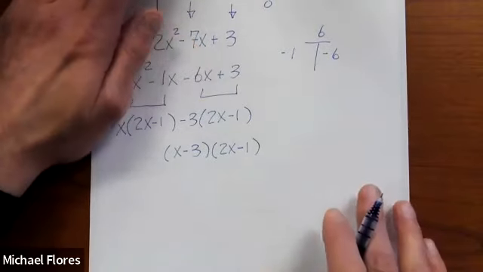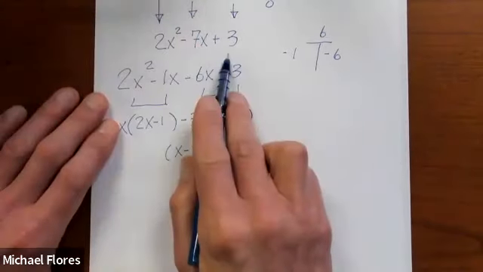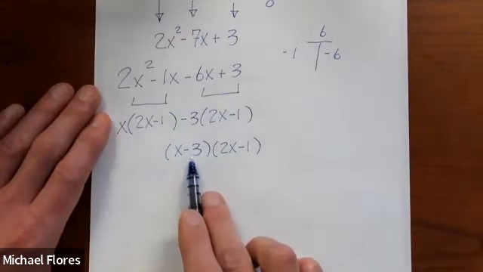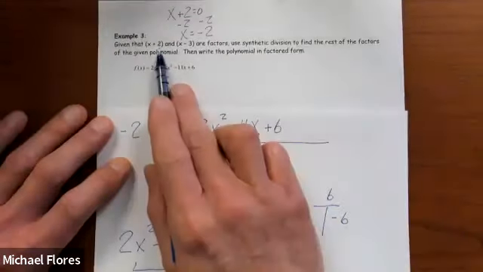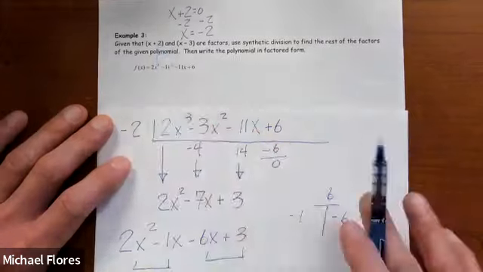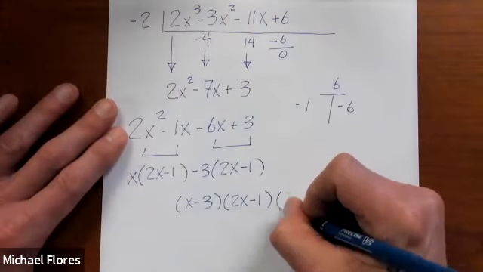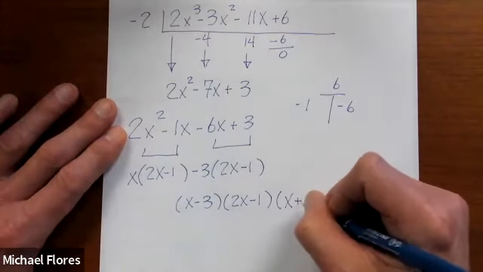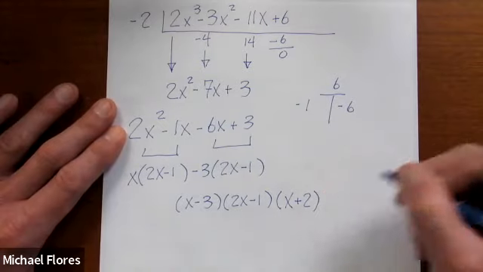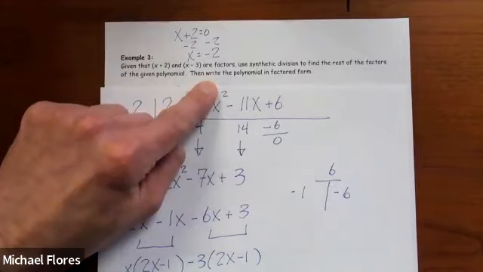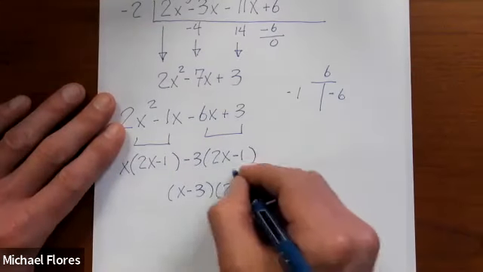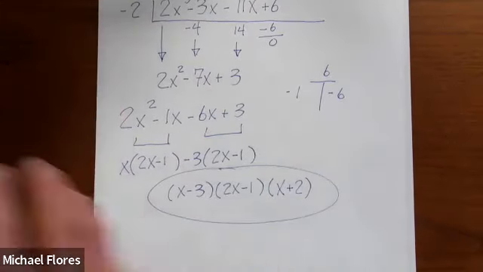Okay, so we have factored that trinomial. We have the factors x minus 3, 2x minus 1, and don't forget the other one, x plus 2. And now I think we've answered the problem. Then write the polynomial in factored form. Done.